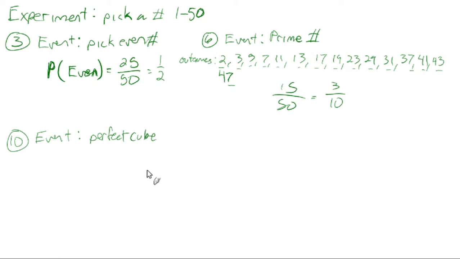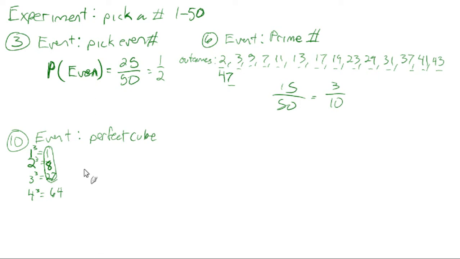But how do you know you got them all? Well, let's start with the smallest one, 1 cubed is 1. 2 cubed is 8. 3 cubed is 27. And 4 cubed is 64, so that's past 50. So there's just 3 cubes.